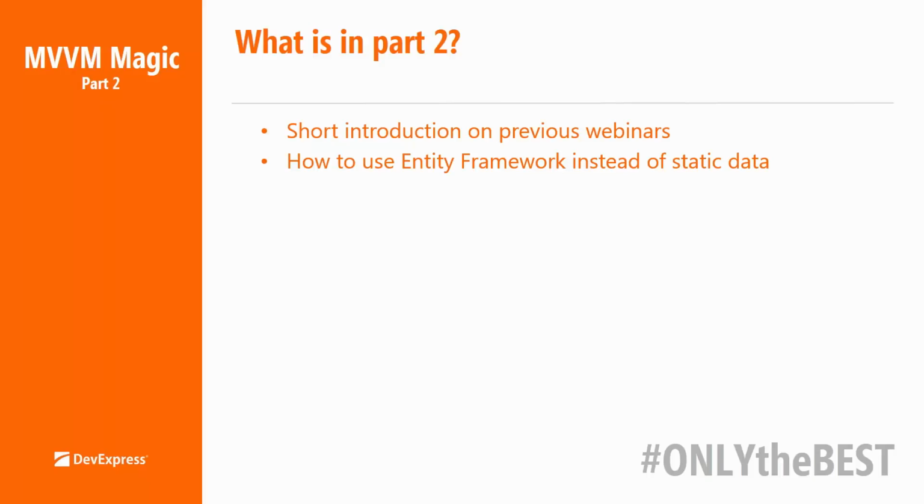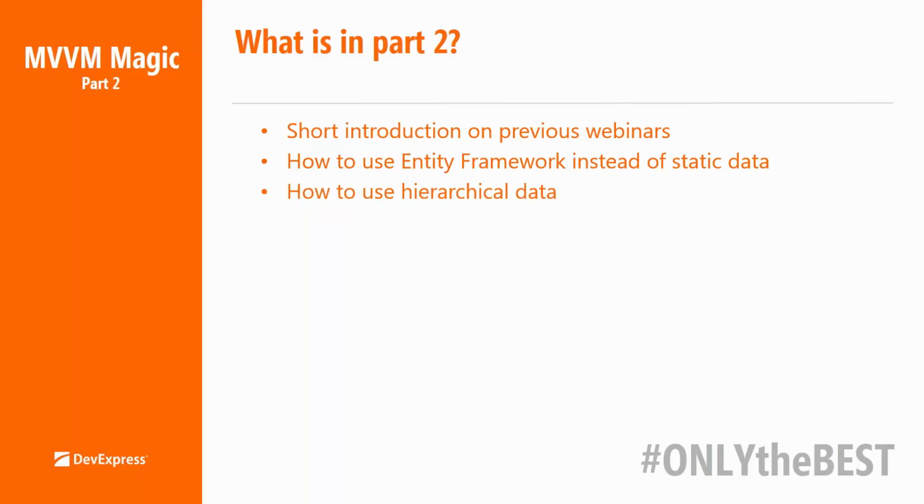So what do we need to do if we want to change over to some real data, like Entity Framework or any database connection? But you'll see in a minute that you can set that up pretty nicely, and that it doesn't even matter what you're using. If you're using Entity Framework or our own ORM XPO or whatever data, you'll see that it is not too difficult to switch over.